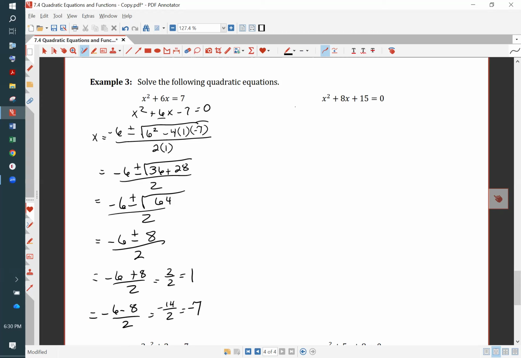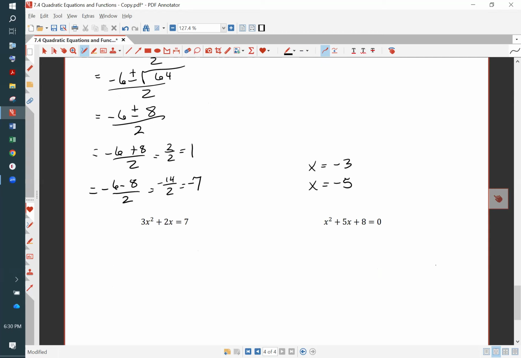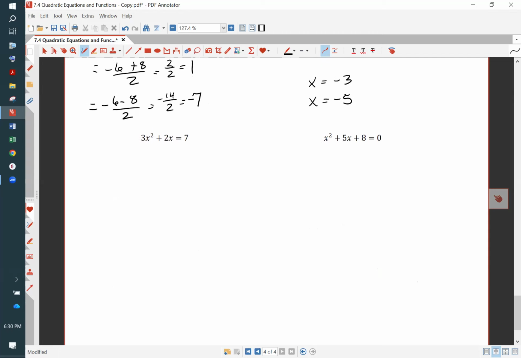Is it x equal -3 and -5? Yes, it is. Does anybody need me to work through that? No. Okay. I'm gonna do the second one here because it ends up with imaginary solutions.